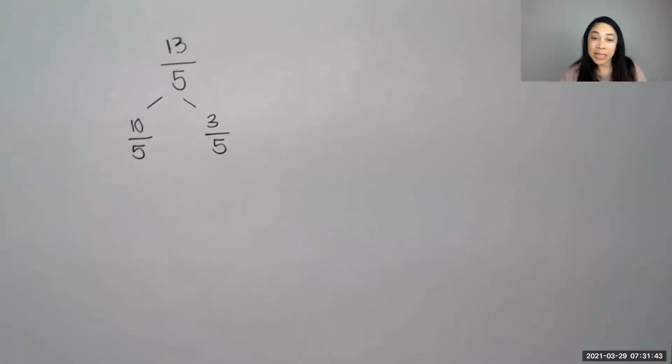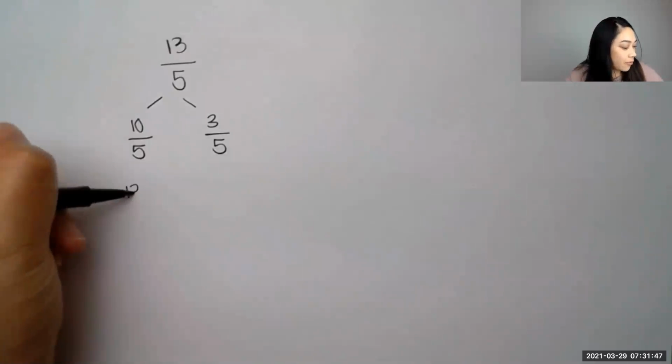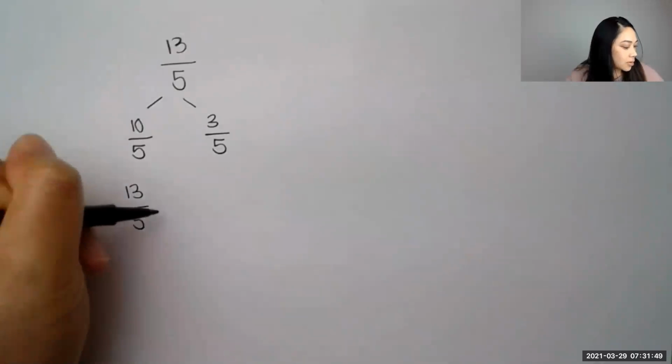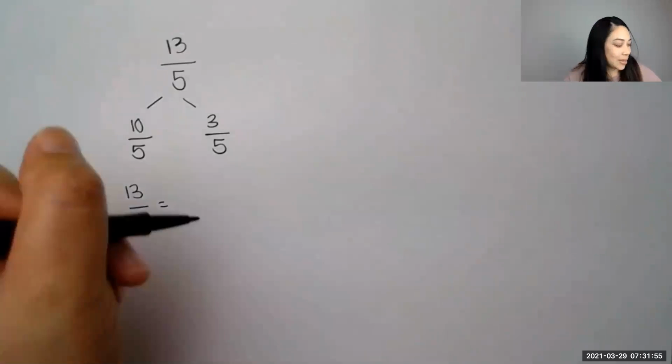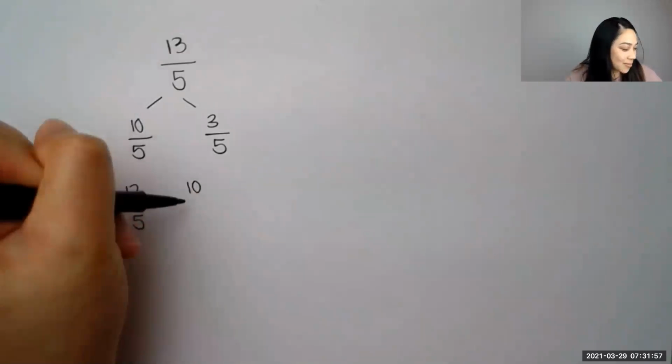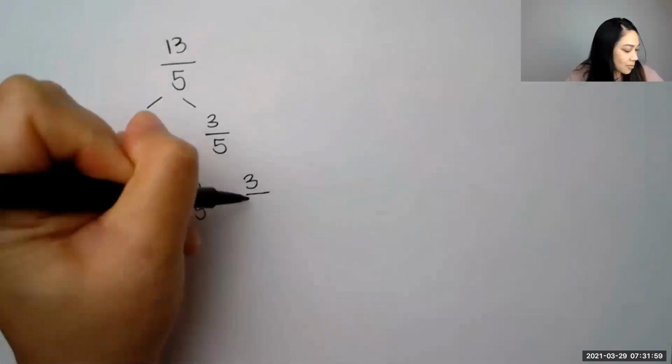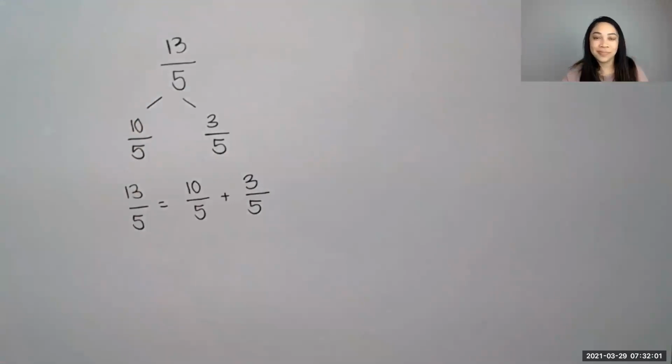Let's use the number bond to help us write that addition sentence. 13/5 equals 10/5 plus 3/5. I'd like you to now pause the video here and rewrite this addition sentence and rename using whole numbers.